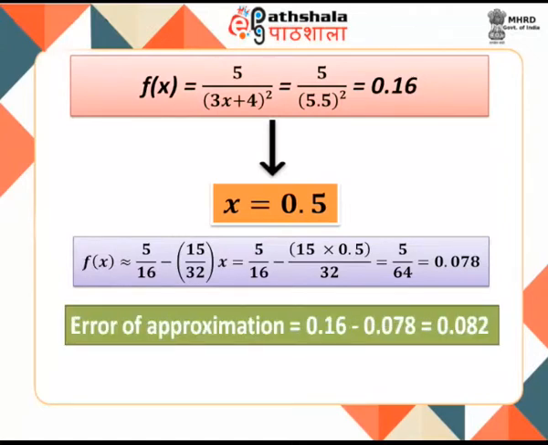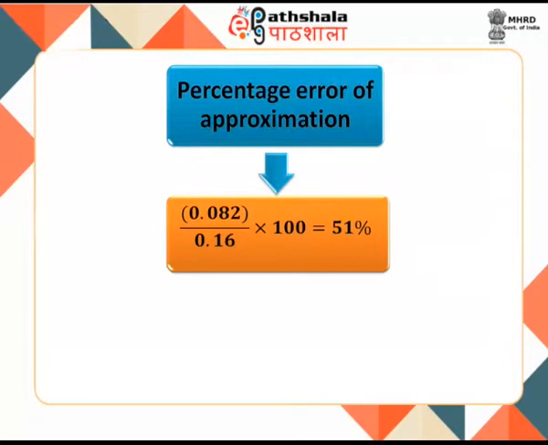Error of approximation equals 0.16 minus 0.078, equal to 0.082. Percentage error of approximation equals 0.082 by 0.16 into 100, which is equal to 51%.